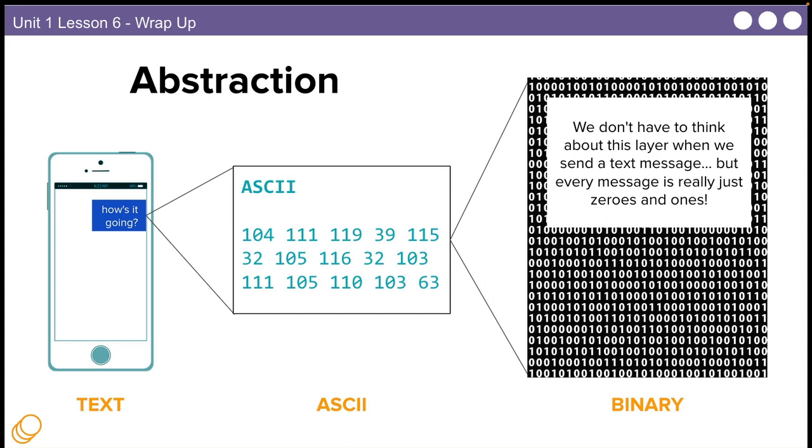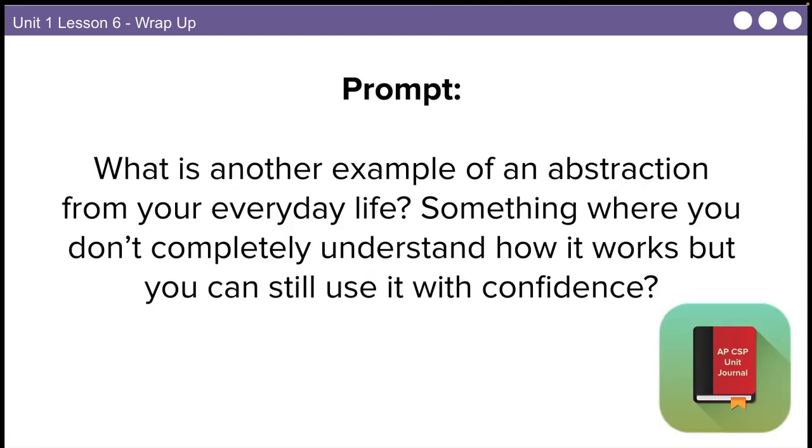Okay, we don't think about the bits, we don't even think about the ASCII, we just see the text. So all of the complexity is abstracted away. We don't have to know it. You don't have to know how a car actually works in order to drive it. You just step on the gas and it goes. Okay, that's abstraction. Can you think of another example of an abstraction? I gave you driving a car. Can you think of something else?